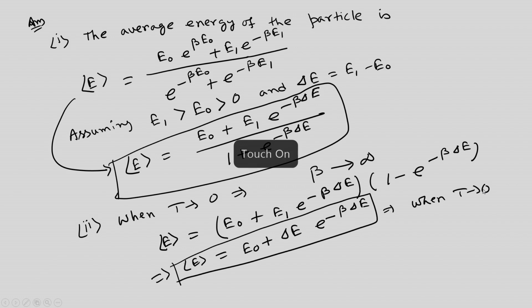Now, next is when T goes to infinity, means beta goes to 0.